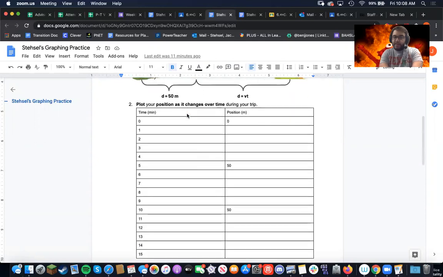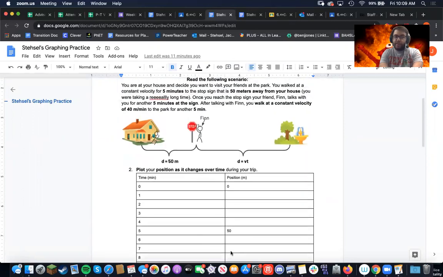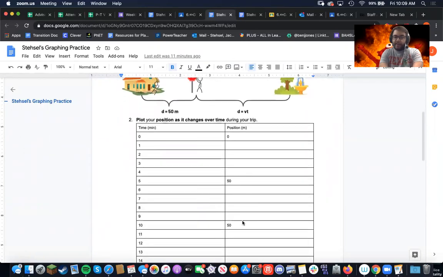And then the numbers after this will all be greater than 50, just as a heads up. So if you somehow go down, you're wrong. It should go up at a constant velocity, so x meters per minute for each minute after 10 minutes, okay?